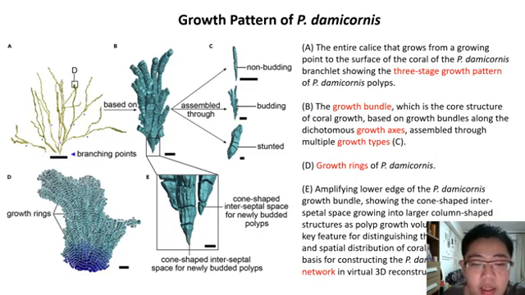As an important aspect of coral growth, we consider a group of corals that divides from the same coral as a growth bundle, which contains all the above described growth types, and the growth direction of the bundles depends on the growth axis direction of its branch.